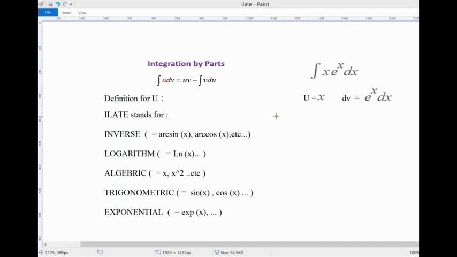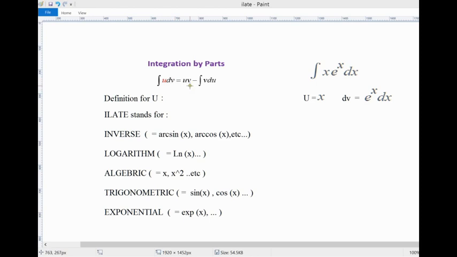So as you can see, that's why this x was assigned to u, because in the order for the u definition, the algebraic comes before the exponential. So that's why u is assigned to x, and what is left is e^x dx, and that's assigned to dv, which is basically this part here.